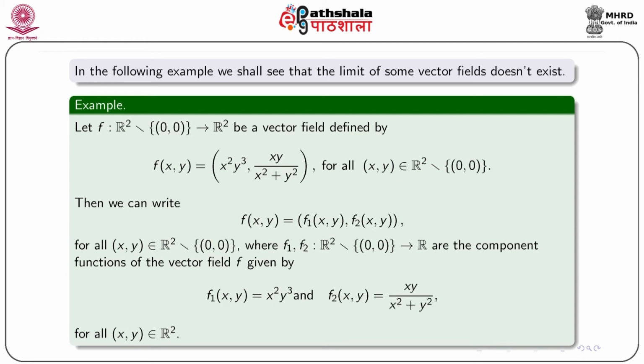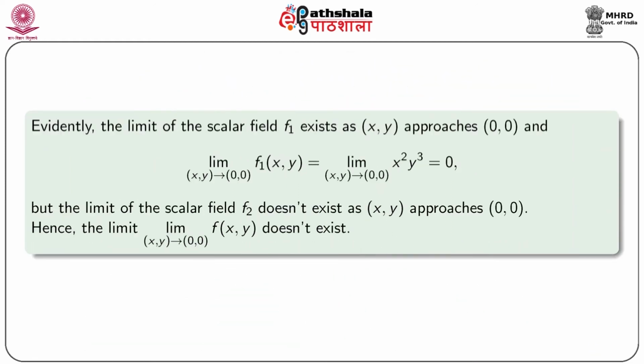Then we can write f(x,y) equal to the ordered pair (f1(x,y), f2(x,y)), where f1(x,y) equal to x squared y cubed and f2(x,y) equal to xy by x squared plus y squared. Evidently, the limit of the scalar field f1 as (x,y) approaches (0,0) exists, and we have the limit of f1(x,y) equal to 0, but the limit of the scalar field f2 does not exist as (x,y) approaches the origin. Hence, the limit of f(x,y) as (x,y) approaches the origin does not exist.